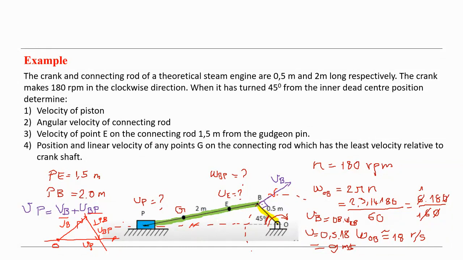Because I'm working graphically, I use a scale, and let's say VB is 4 centimeter or 40 millimeter. So after drawing the vector triangle, using the scale I can calculate the magnitude of the vectors VPB and VP.